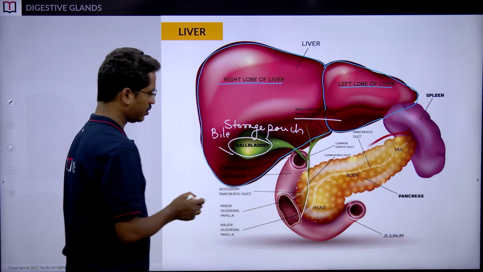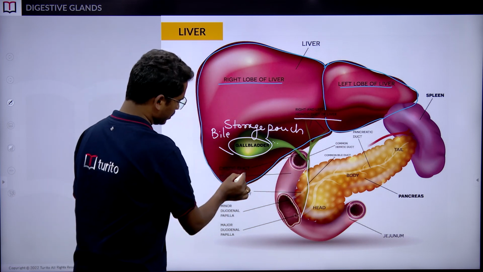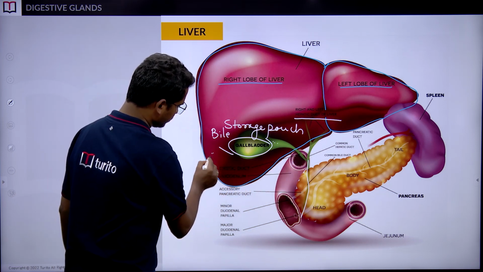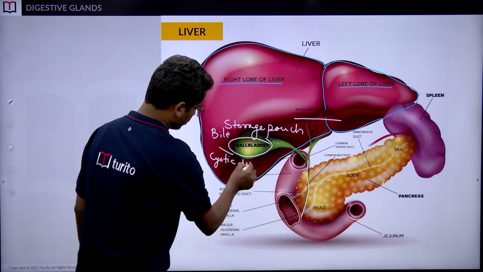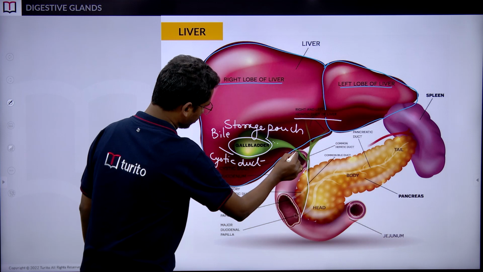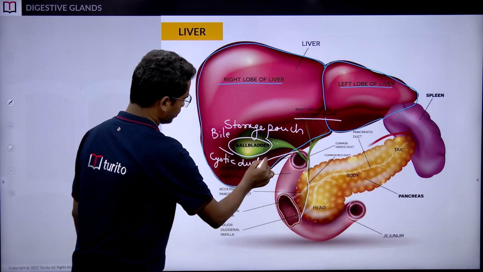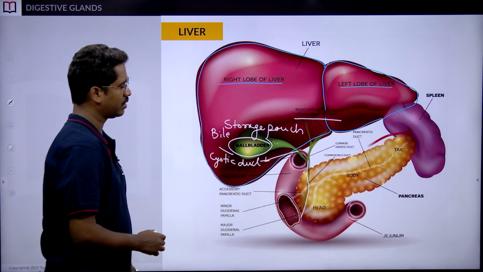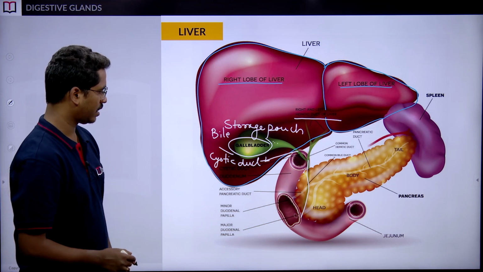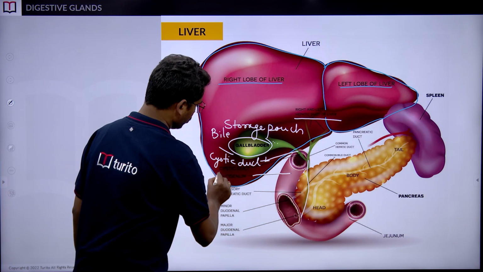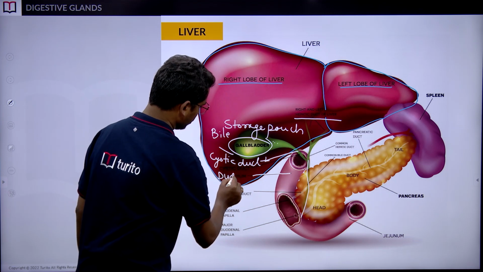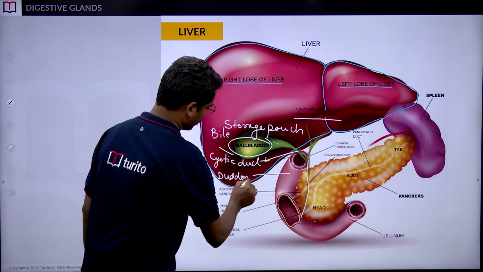Okay. And you will see there are other ducts coming here, that is the cystic duct. That is the cystic duct you are looking at. And you see there is a duodenum. This structure is the duodenum, the first part of the small intestine.